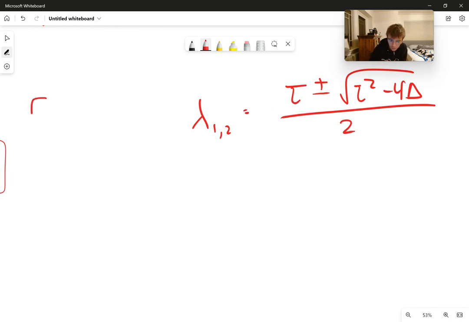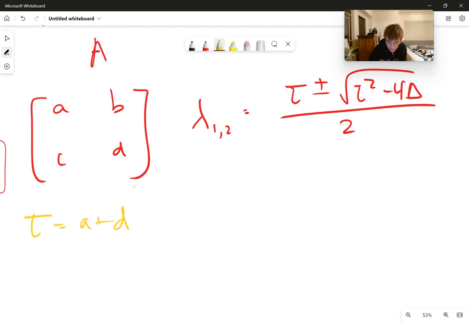Okay, just a quick reminder here, A, B, C, D. This is my matrix A. Remember that tau is just A plus D, so it's just the sum of the diagonal entries, and then the determinant is AD minus BC. So hopefully you've seen this before, but if you haven't, that's okay.